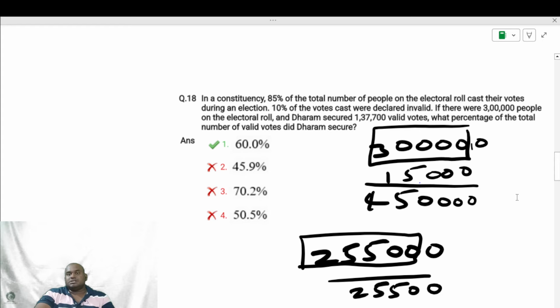What I did, 85% of the total number of people on the electoral roll cast their votes during the election. So 10% of the votes were declared invalid. Out of 3 lakhs people, 15% I need to remove because they did not vote. 10% is 30,000, 5% is 15,000, so 15% is 45,000. I remove them now. Total number of votes polled is 2,55,000, out of which 10% is invalid, nothing but 25,500.